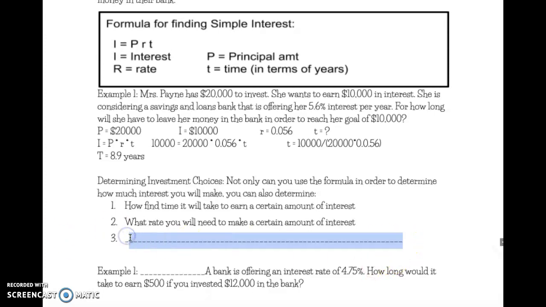So if you're comparing banks and you say, I want to make $10,000 interest in 10 years, this bank will do 5.6% versus another bank will only do 4.3%. You obviously want to take the higher one, but if you're really keen on making a certain percentage, you know that there is a minimum rate percentage that you could take. So that's what number 2 does. And finally, it tells us how much is needed to invest in order to reach a certain amount of interest.